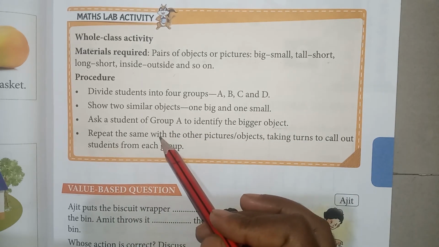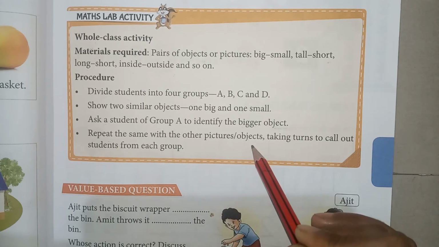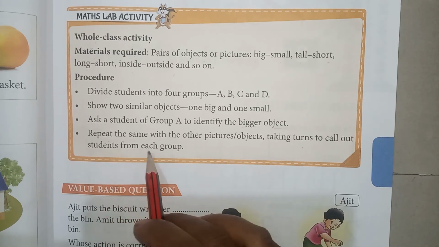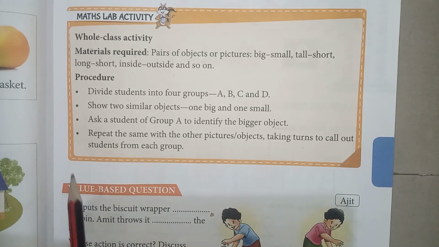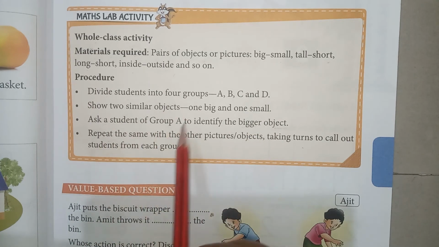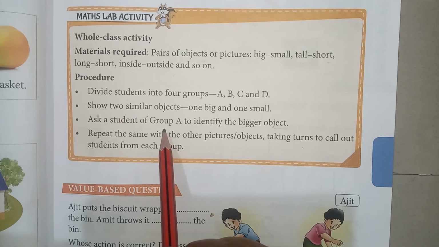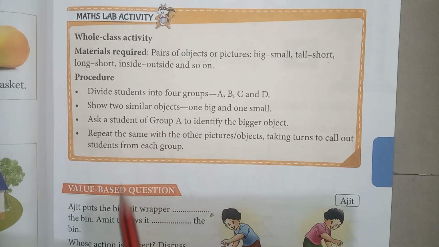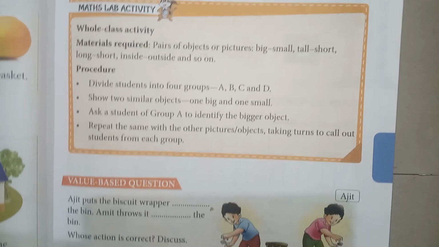Repeat the same with the other pictures or objects, taking turns to call out students from each group, and you have to repeat all the objects which are there, taking turns to call out students from each group. Understood?